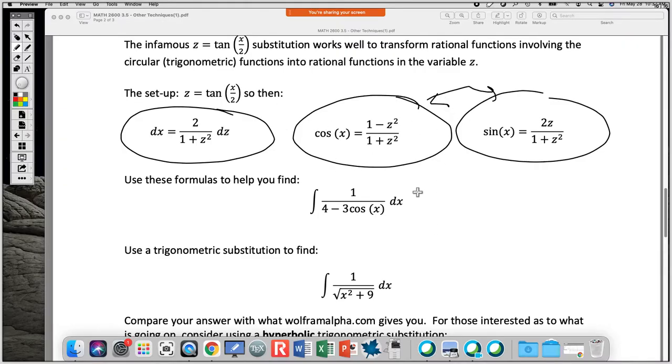You can take a function like this and turn it into a rational function that we can use partial fractions or other techniques on. So we take a rational function in terms of sines and cosines and turn it into a rational function in terms of z's. So let's just walk through this example.